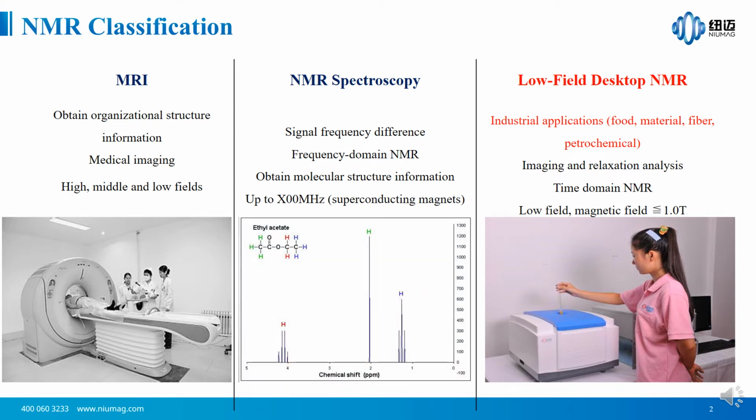If you look at this picture, this is a molecular formula. These hydrogen nuclei are right here. On different chemical elements, if these hydrogen nuclei are in the same magnetic field, the resonance frequencies should be the same.